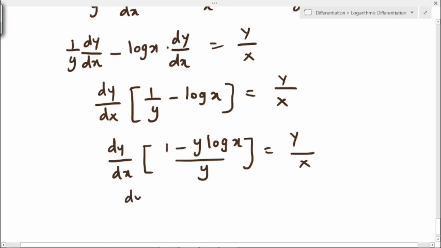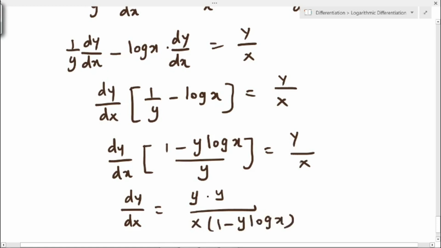So we want only dy by dx, so we have to take this term to the other side. If you take this to the other side, this 1 minus y log x will come to the denominator, and this y, the denominator term, will go to the numerator. So that is y into y, already we have y, right, divided by x into 1 minus y log x, correct? Already we have y by x.